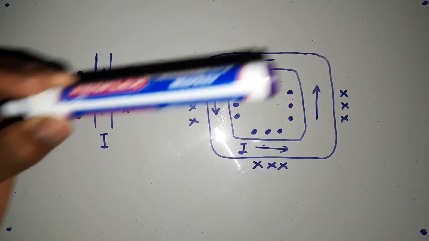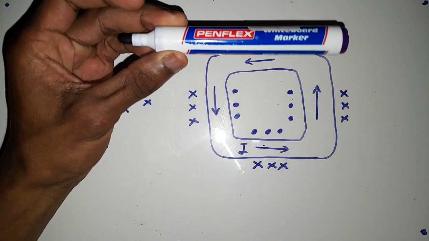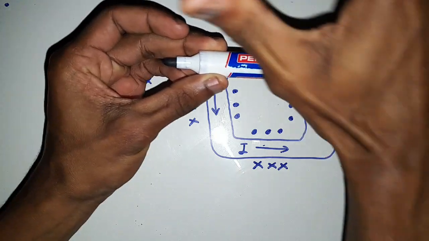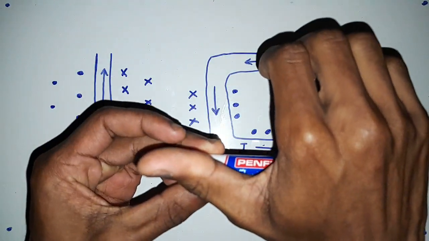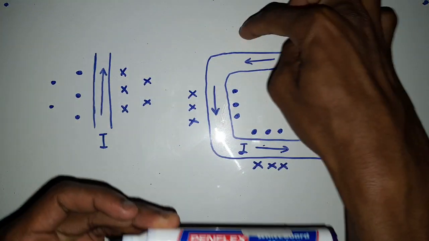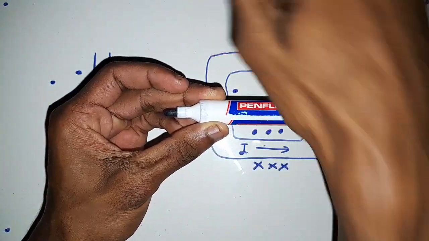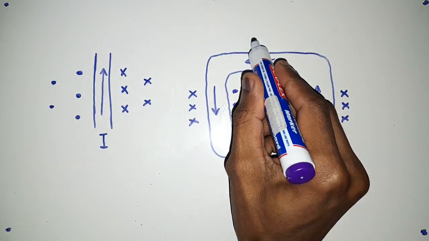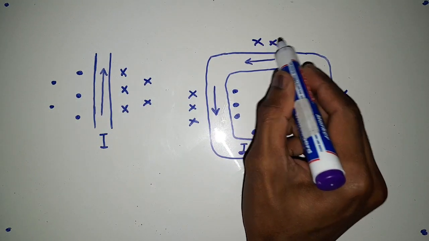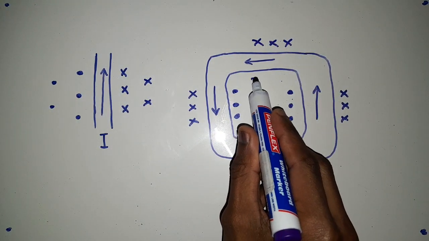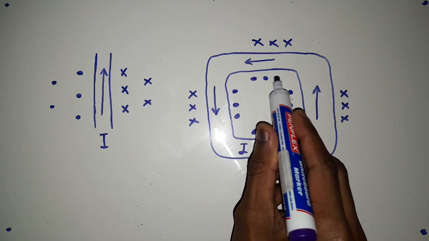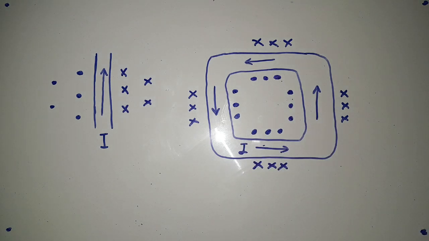For this one, it's going to be much easier. The direction of the current will be like this. Then this side we move towards, it's X. Then this side is going to be out of the page.